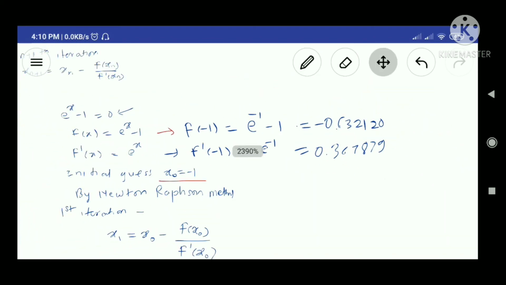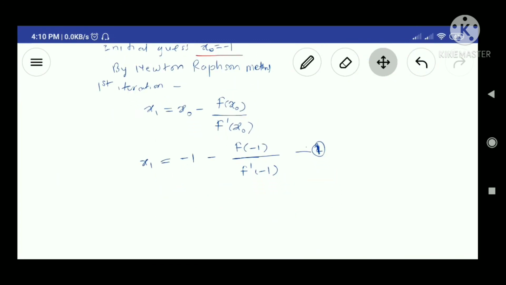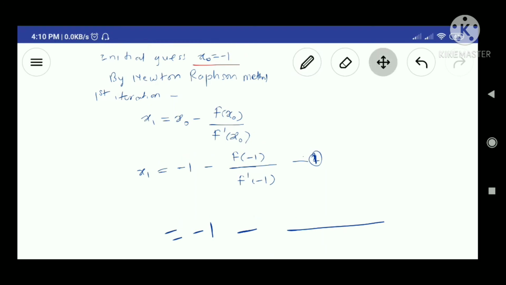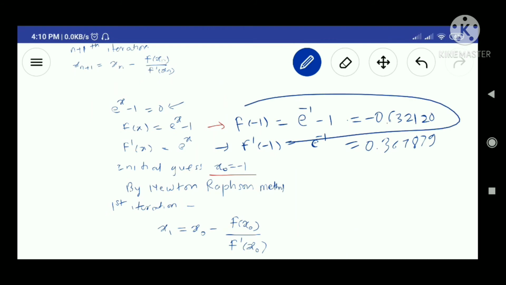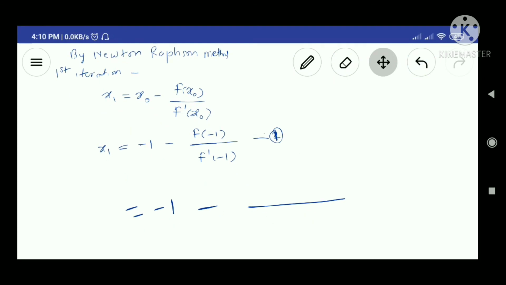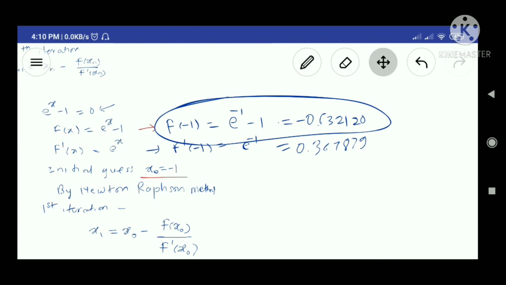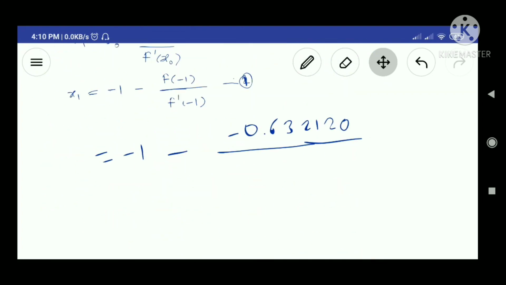Now substitute both the values in the formula. Minus 1 minus, what is f of 1? See here, this is f of 1, 0.632120. Sign is minus. Minus 0.632120. And in the denominator 0.367879.